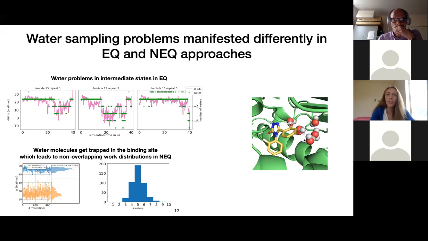From the crystal structure, we knew that there should only be 3 water molecules once the ligand is completely interacting. But most of our transitions ended up with more water molecules in the space and only a few of them with the 3 water molecules. And so this really led to the slow convergence of the free energy estimate.